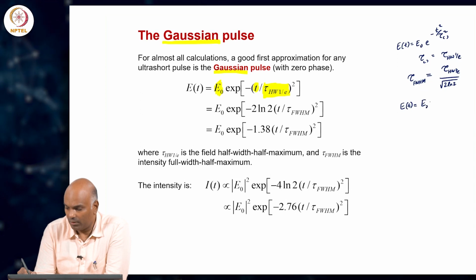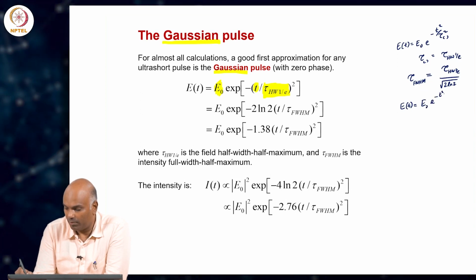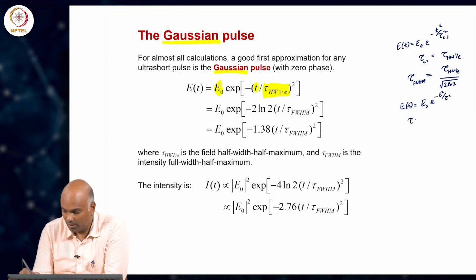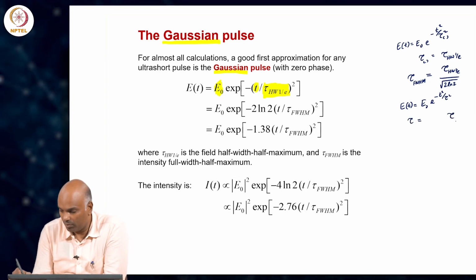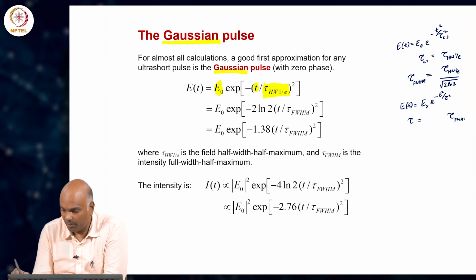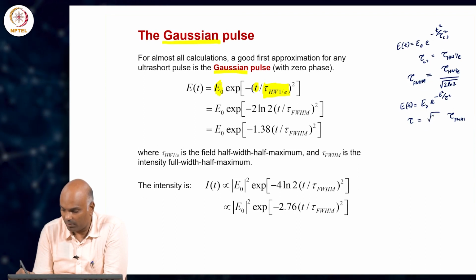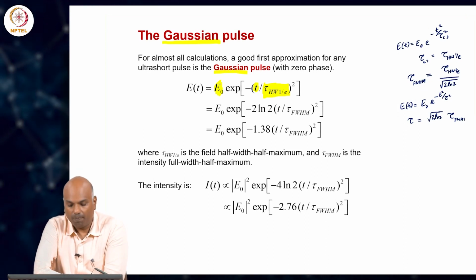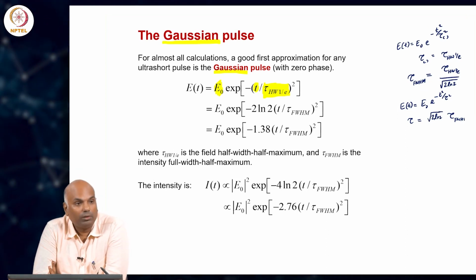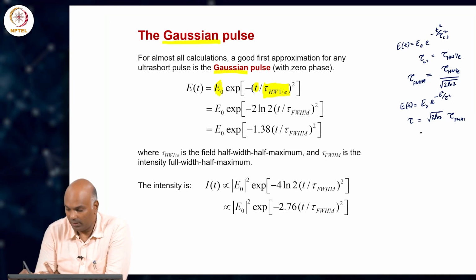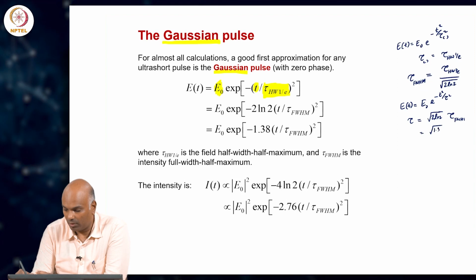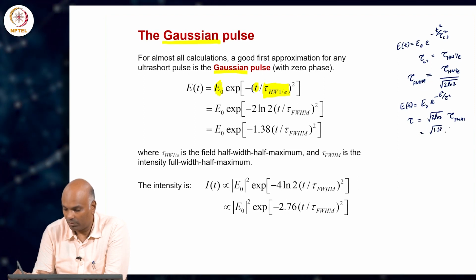Now, oftentimes we simply write a Gaussian description of the pulse to be e to the minus t squared by tau squared, in which case this tau relates to tau FWHM, which is, as I said, the popular measure, through this factor 2 log 2, which translates to the square root of 1.38 or approximately 1.4.